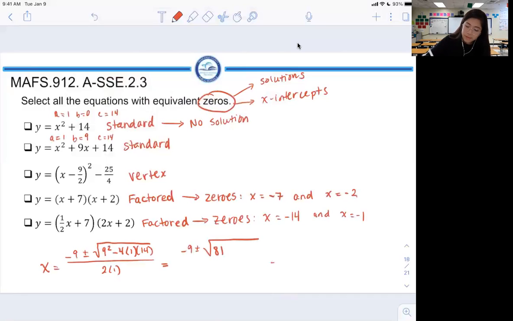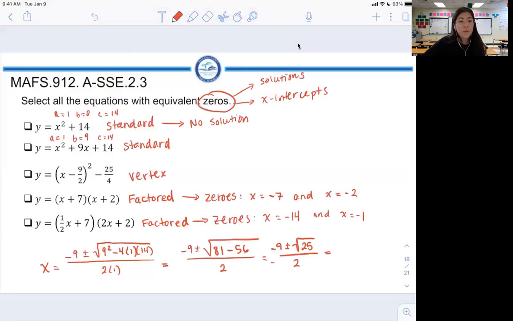And we already know that 4 times 14 is 56, right? 81 minus 56 is 25. What's the square root of 25? 5.